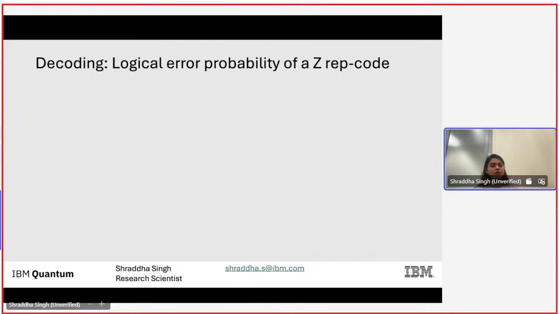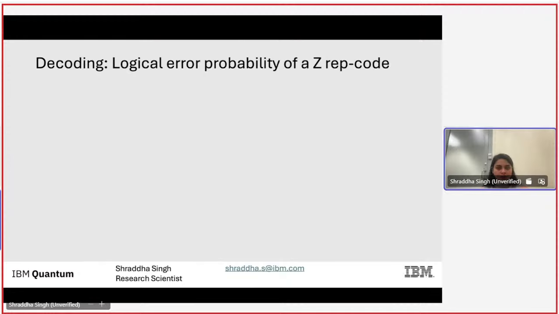All right, so now I've shown you what you need to measure in order to achieve a certain encoding or some information about the errors. But once you have that information, you need to decode the errors to interpret whether you had an X error or a Z error, and which qubit underwent this error, and where you need to apply the correction, and so on and so forth.